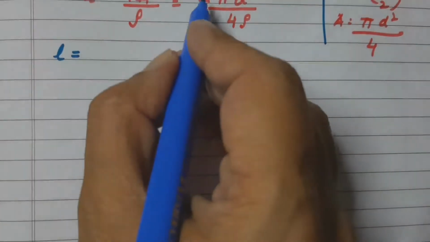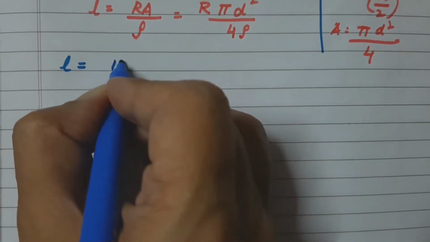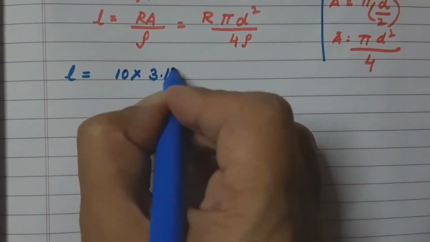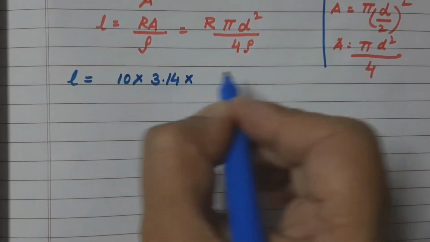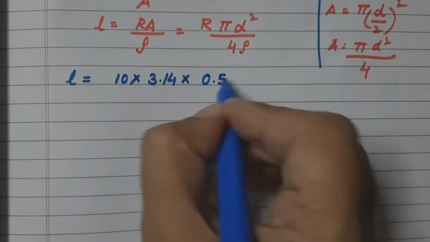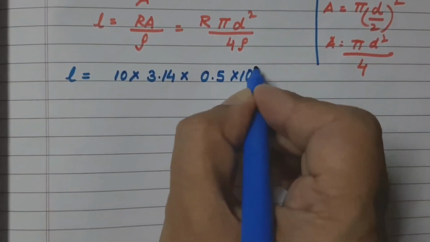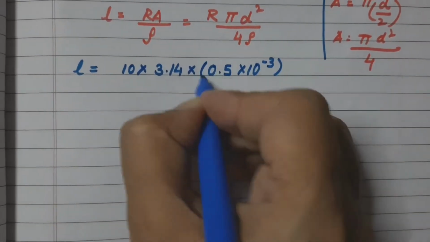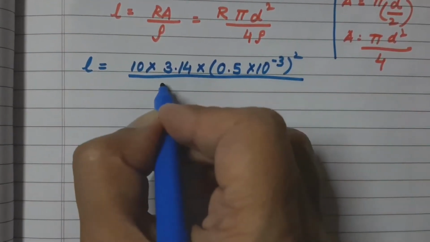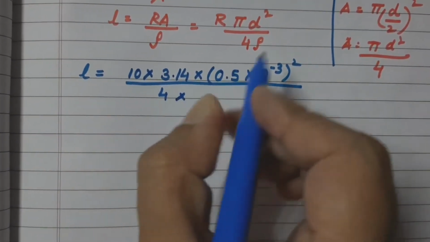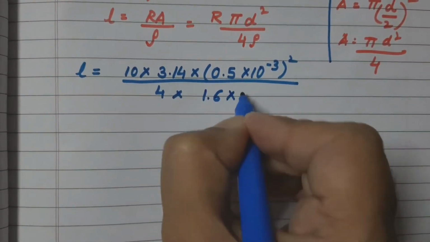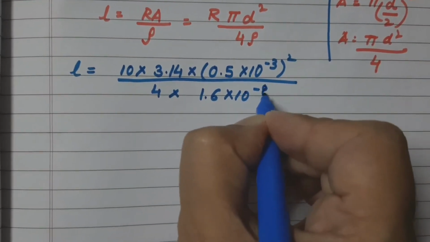L equal to R, which is 10, times pi, 3.14, times d square, where d is 0.5 × 10^-3 square, upon 4 times the value of rho, which is 1.6 × 10^-8.